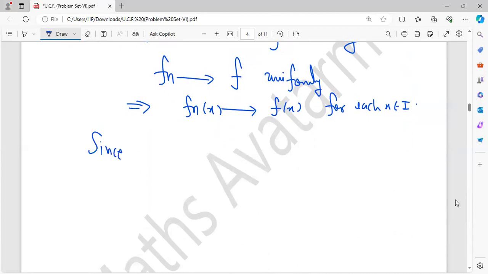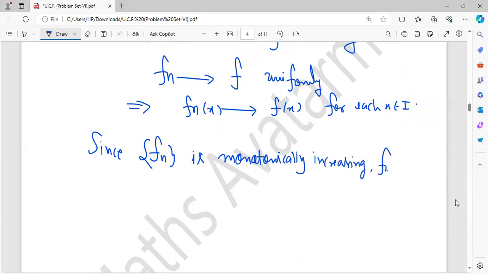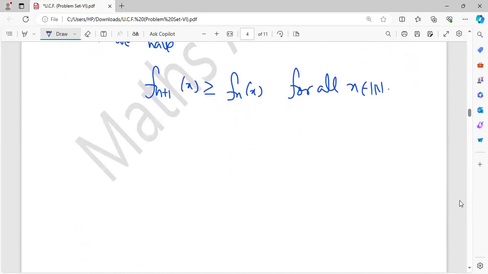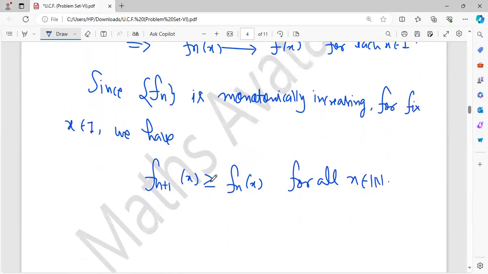Now since f_n is monotonically increasing, for fixed x belonging to I, we have f_{n+1}(x) greater than f_n(x) for all n belonging to N. Sorry, one minute, I have made a mistake.